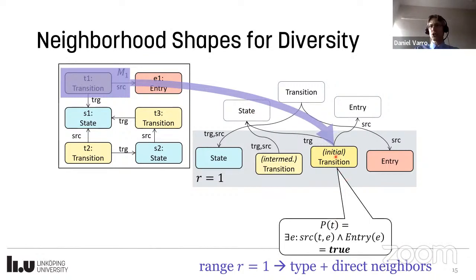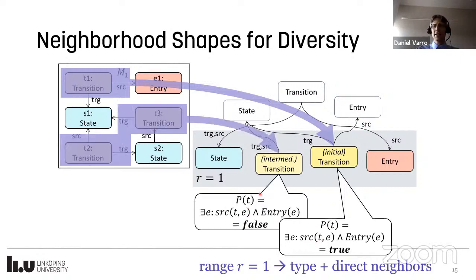So this initial transition class can be defined such that there is a source edge that leads into an entry state, and this predicate needs to hold. For the intermediate transitions, this predicate is false. Why is this a neighborhood of range 1? Because we only considered single hops from the particular object or node of interest.